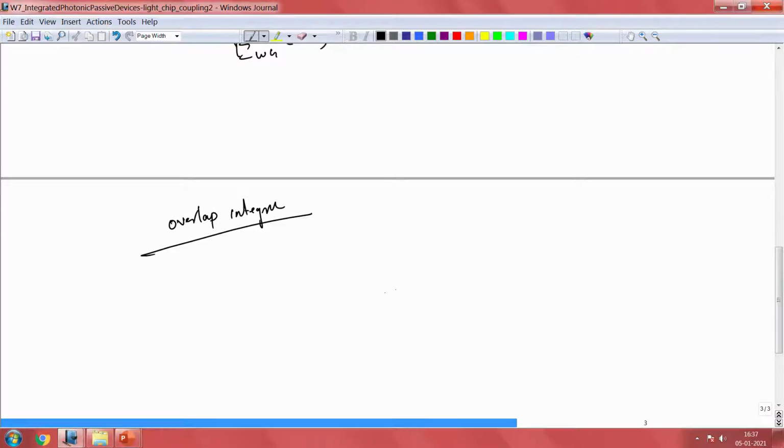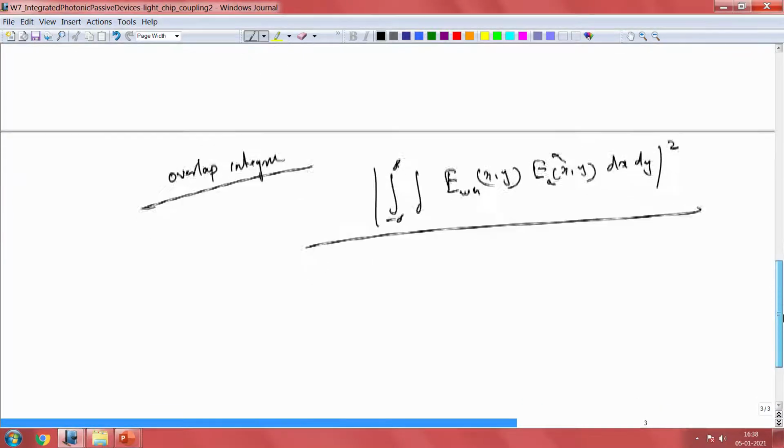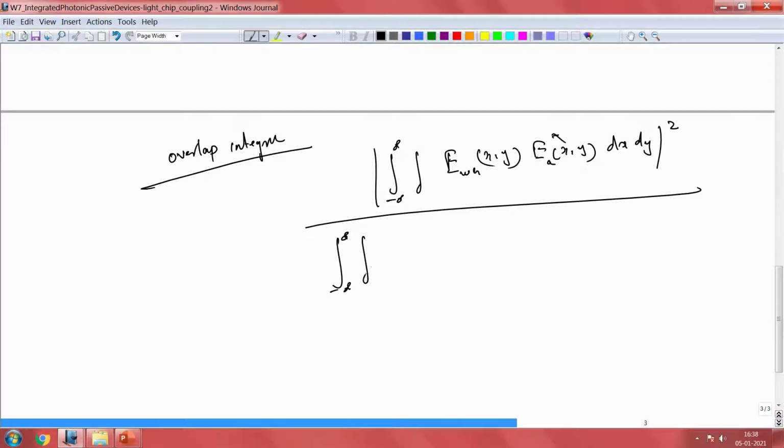That would be given by the integral across E_waveguide(x, y) times E_A(x, y) dx dy, divided by E_A(x, y).